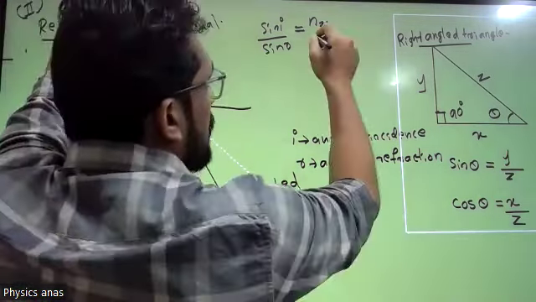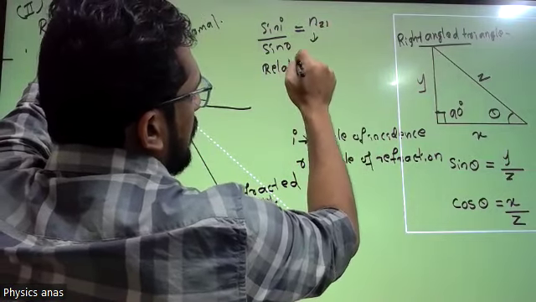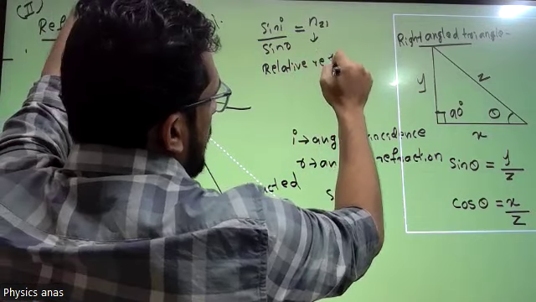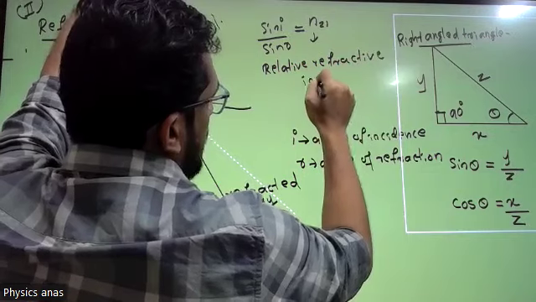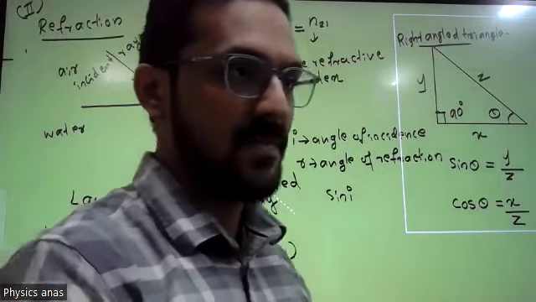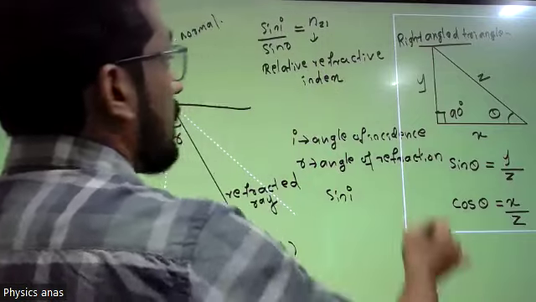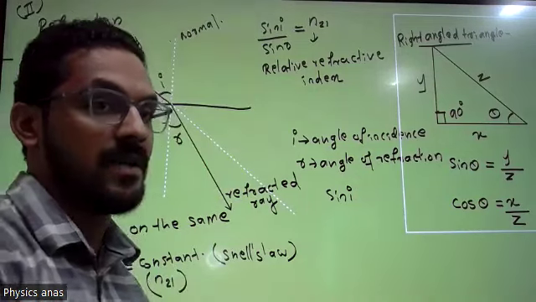What is n21? It's the relative refractive index. So you can call it the refractive index of the second medium with respect to the first medium.